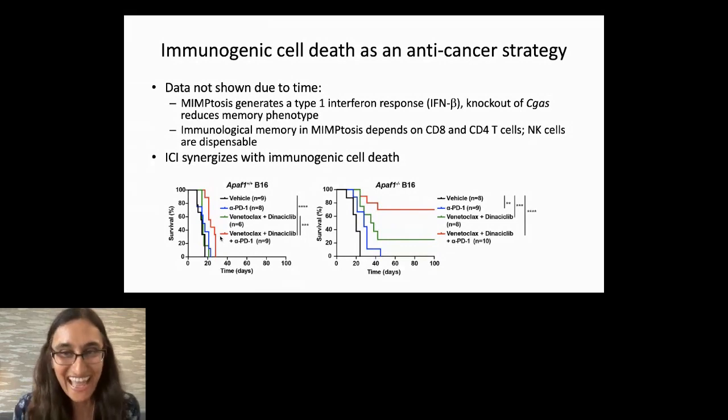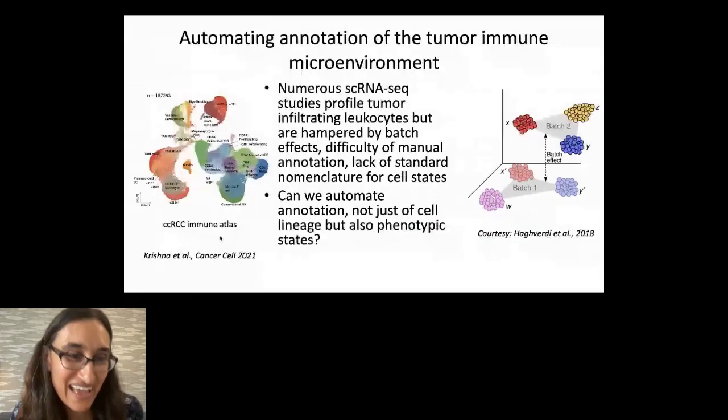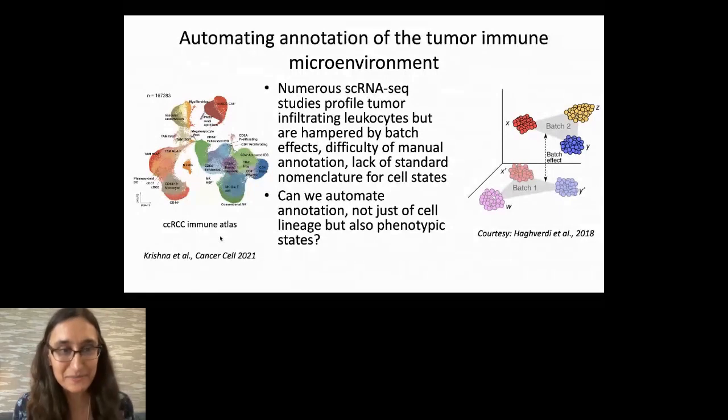Okay. So with the time that I have left, I want to tell you quickly about two stories. I knew I have too much material. So just briefly, we have recently been pulled into these big patient studies where we profile the tumor immune microenvironment.